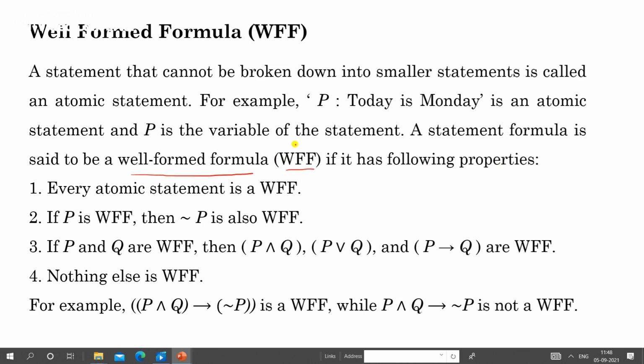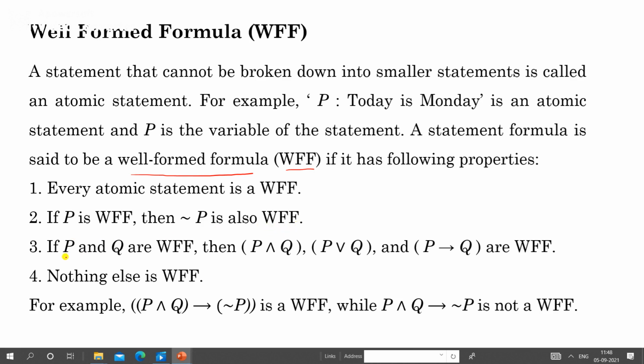So from the atomic statements, how can we generate other well-formed formulae? Every atomic statement is a well-formed formula. This is the first thing. Now, if P is a well-formed formula, meaning it is an atomic statement, then negation P is also a well-formed formula.